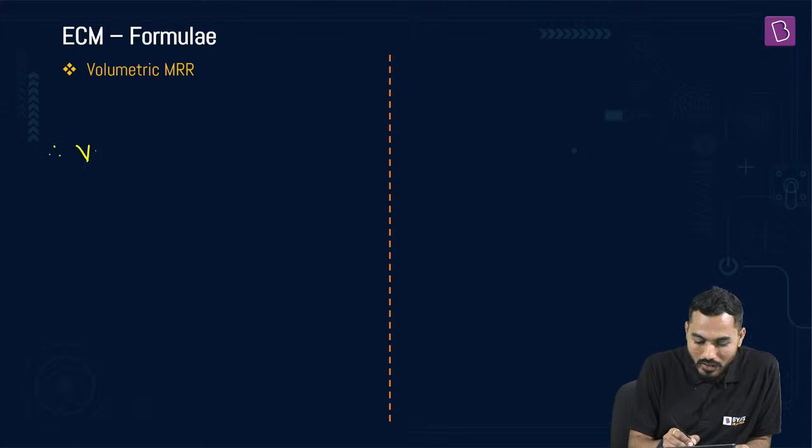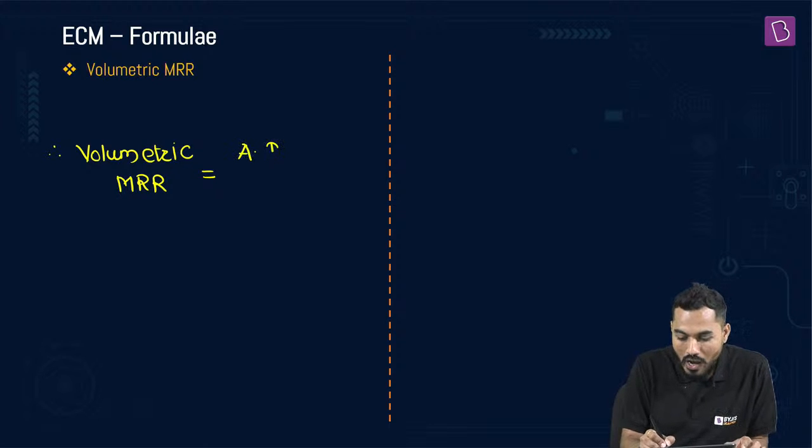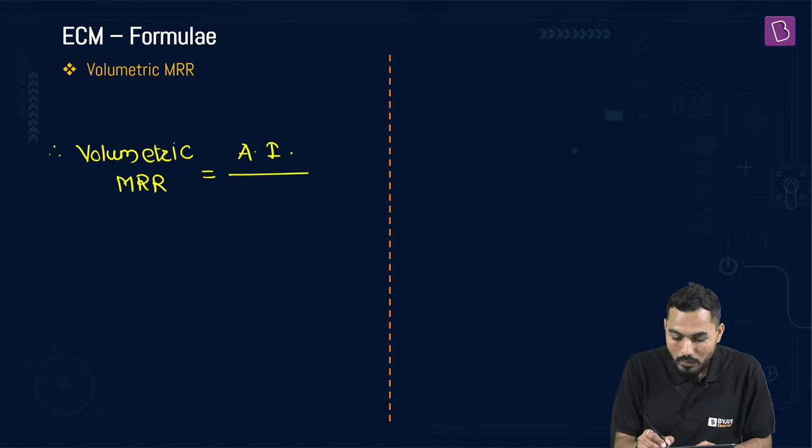So we can write down here that volumetric material removal rate is exactly equal to the mass material removal rate, that is A into I divided by Z into F, that formula will remain the same, and it should be divided by rho, which is to be considered as the density.